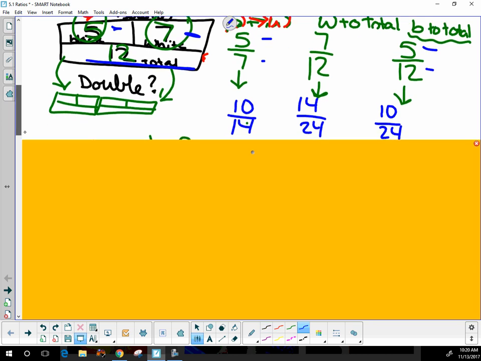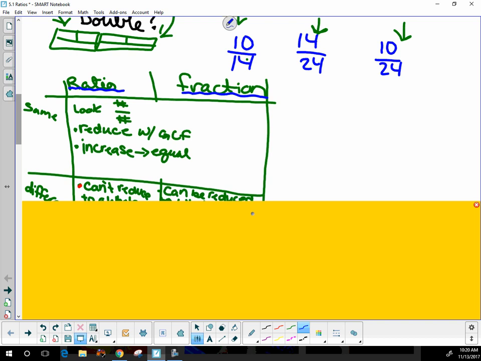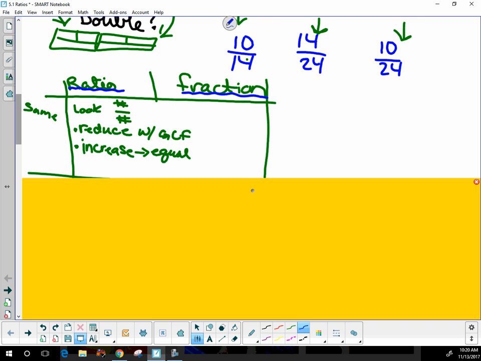And so we're going to take a moment and look at comparing ratios to fractions. Now I set up a little grid here because they are similar, and so we want to separate some of our ideas of ratios from fractions. How they are the same: they look the same, a number over a number, just like we had 10 over 14 here, 10 to 14, 10 black keys to 14 white piano keys as well.